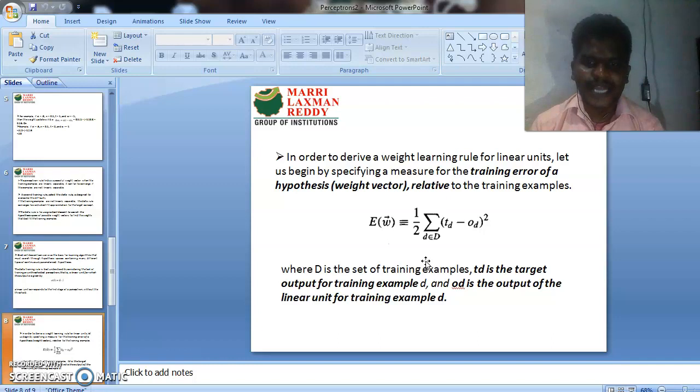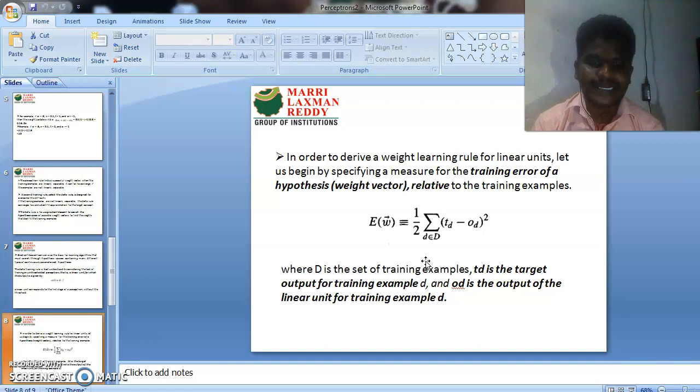Okay. In order to derive a weight learning rule for linear units, let's begin by specifying the measure of the training error of a hypothesis, where we are getting the misclassification data, the non-linearly separable case.